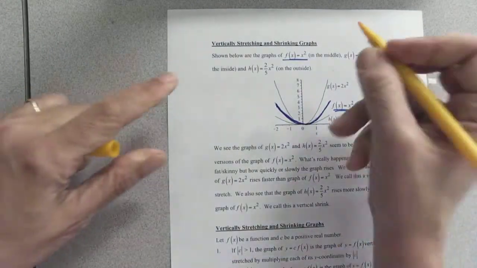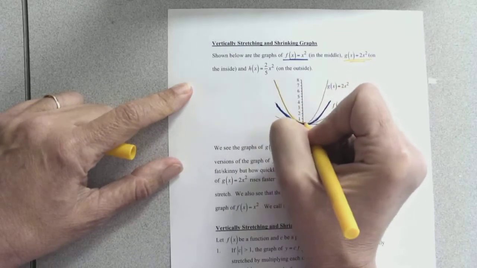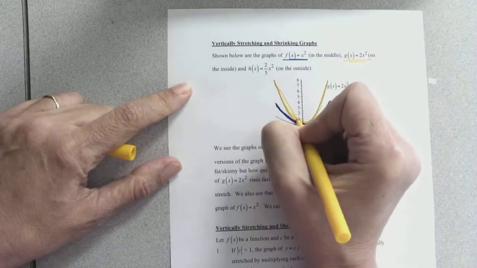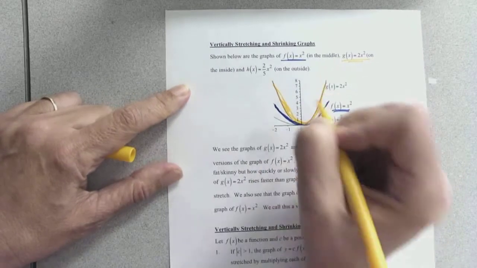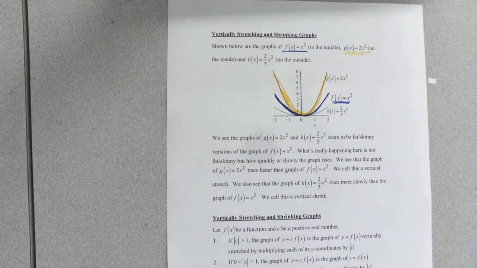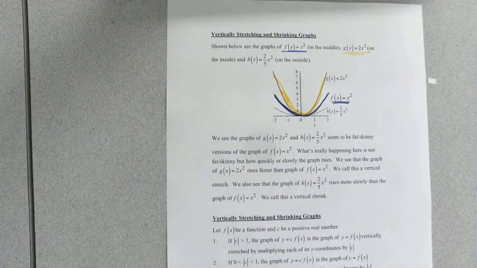And then 2x squared we'll do in yellow. And it's there. And what we've said has happened here is the graph has stretched, that it's going up faster. That's what's called a vertical stretch, that it's rising faster, stretching up high.